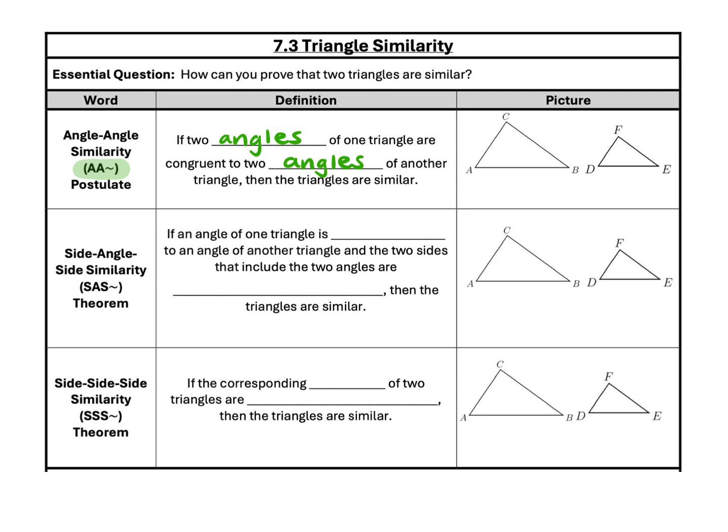Let's add some markings to the diagram here, and then we're going to write a similarity statement. So maybe we have angle A and angle D congruent. And then let's just say angle B and angle E are also congruent. Congruent angles are going to be marked with the congruent angle markings.